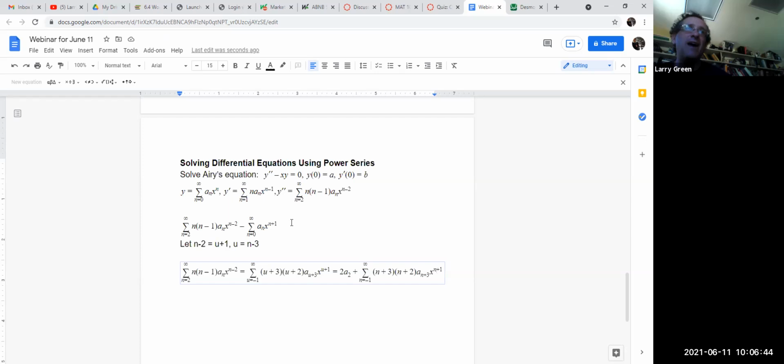Now I can put these together because that was the whole point. And what I can get is that y double prime minus xy equals 0 becomes, well, y double prime was this one. Except, oh, I forgot to change the n is negative 1 to n is 0. Like so.